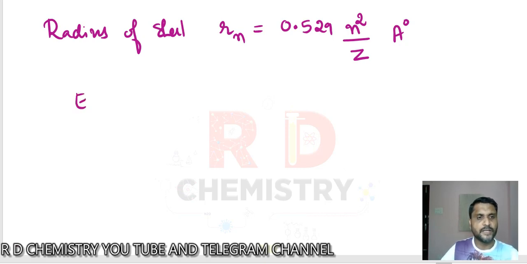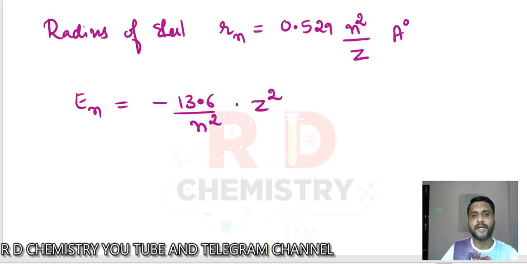So the energy of the electron is given by the formula minus 13.6 divided by n square into Z square. When I say Z, it can be for different atoms, that is the atomic number, in terms of electron volt.